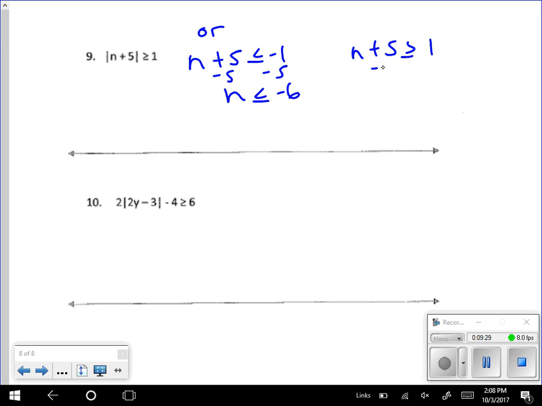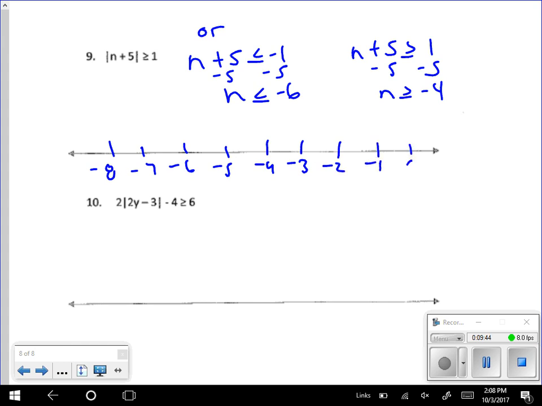We get negative 6 and negative 4. Closed circle at negative 6, shaded to the left, and closed circle at negative 4, shaded to the right.